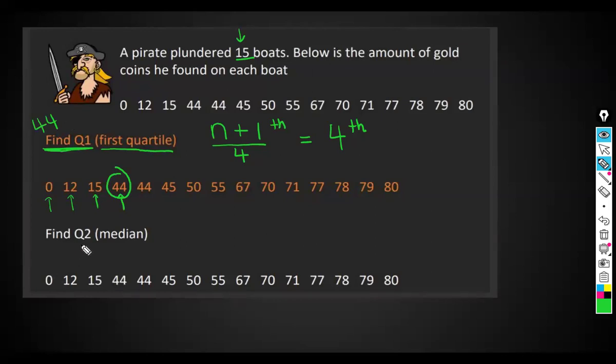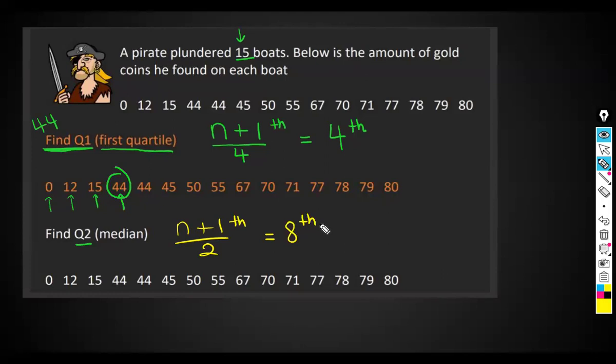Think you can do the second one for me? Find Q2, the median. You all know how to do this one. Find the median. That's n plus 1 divided by 2. Fifteen plus 1 is 16. 16 divided by 2 is 8.